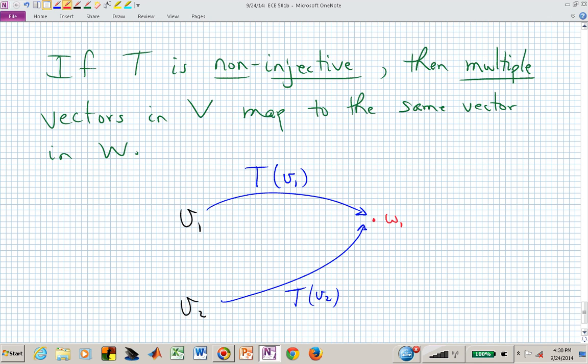Remember our examples from before. You could find a vector in the null space of T, and add that vector to any other point in your domain to create a new vector, which we could call V sub 2, that is going to map to the exact same place as V1 if V2 is, let's say, V1 plus V3, where V3 is in the null space of the linear map. Is that clear?